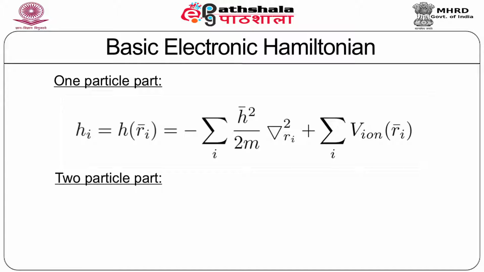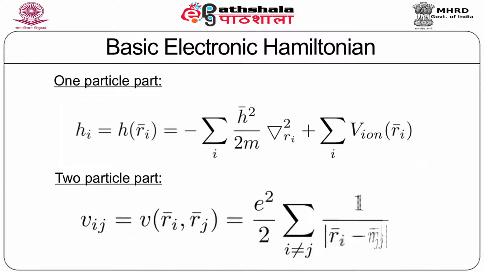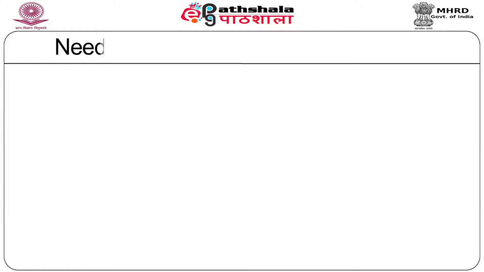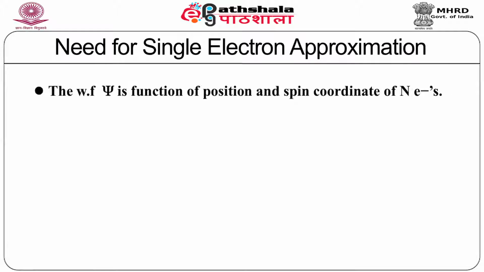The other is the two-particle part because the terms involved here, given by this little v_ij, depend on the coordinates of two electrons, namely i and j. The wave function psi is thus a function of position and spin coordinates of n electrons.